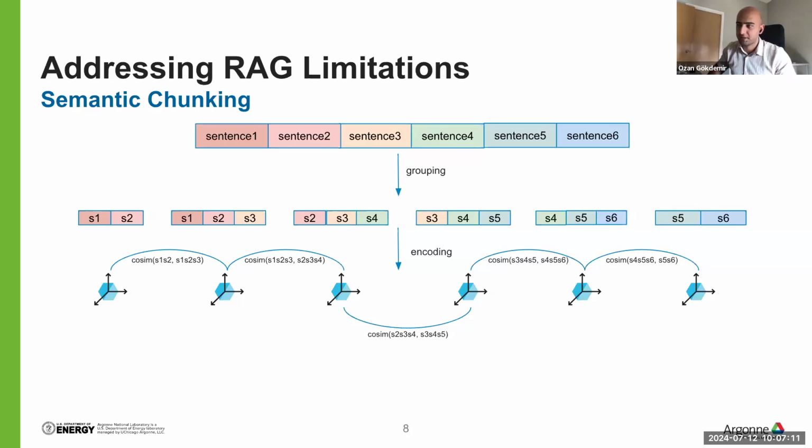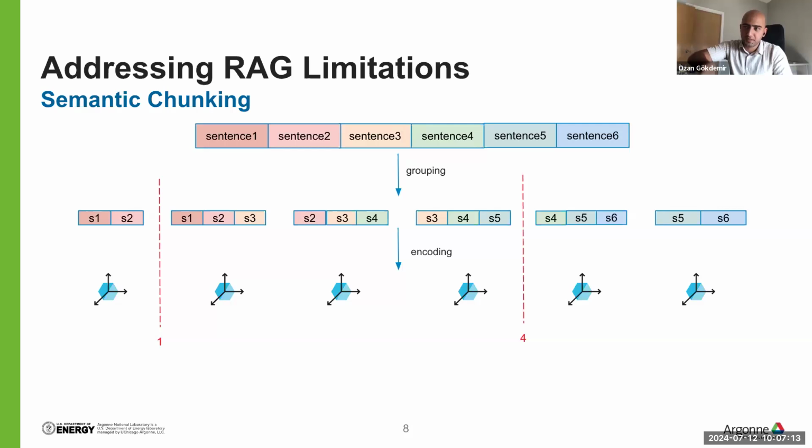So this is semantic chunking. You put these cutoff points wherever the distance between one buffer's encoding and the next was above the 95th percentile of all distances.